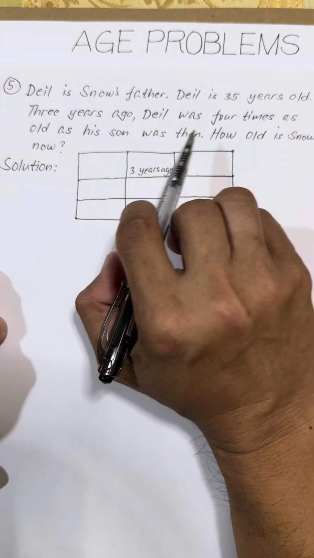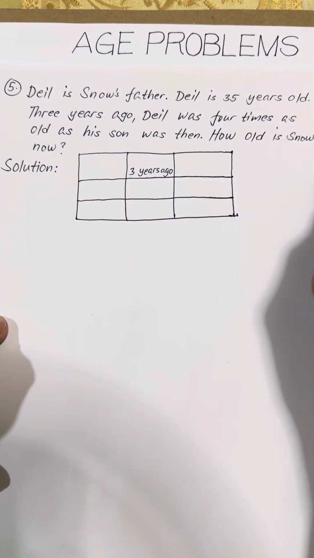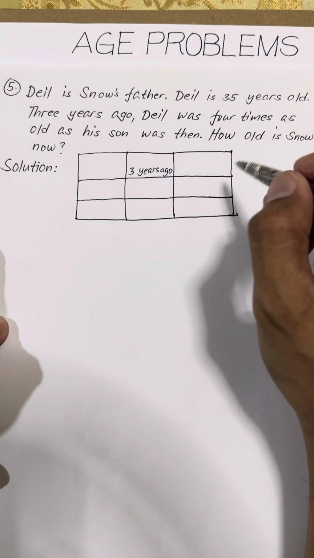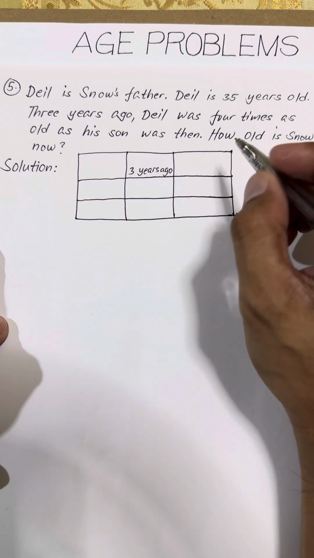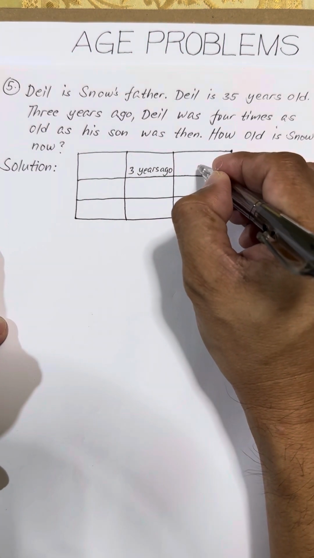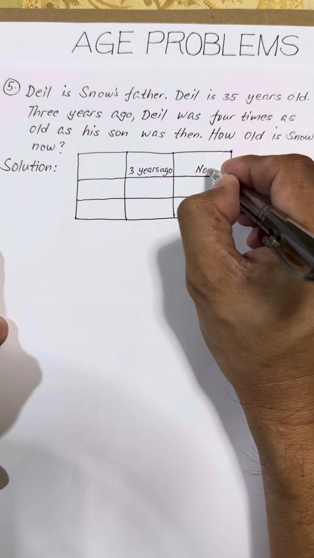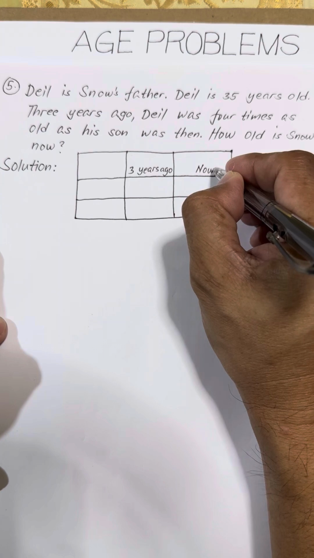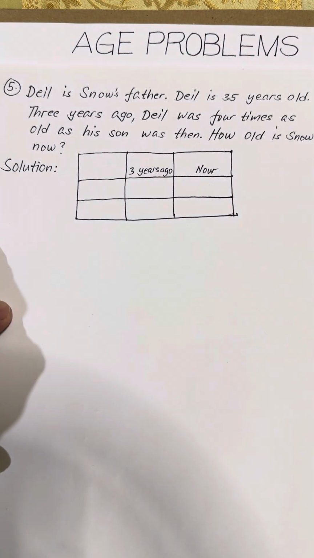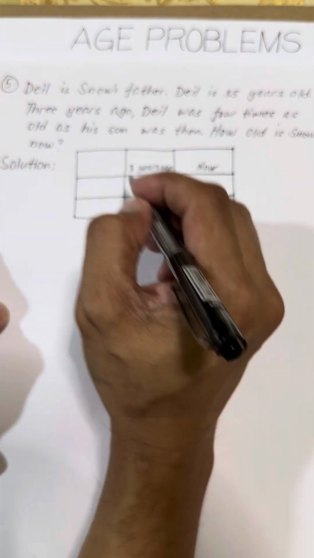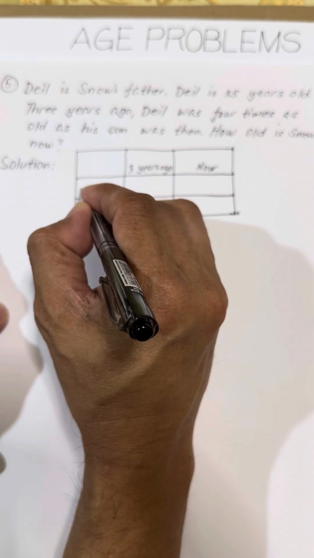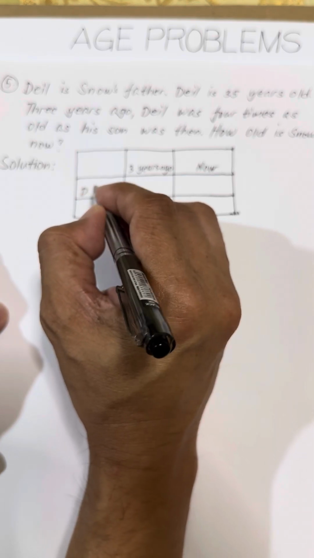So 3 years ago, Dale was 4 times as old as his son was then. So how old is Snow now? Okay, so we have to find out Snow's age now. Let's write down the persons mentioned in this problem.